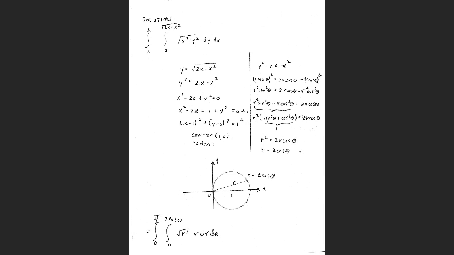This here means y equals 0, because the inner integral is with respect to y. This here means y equals square root of 2x minus x squared.